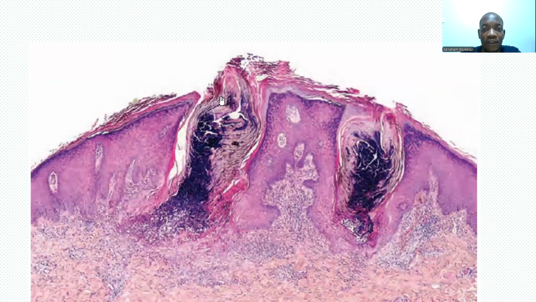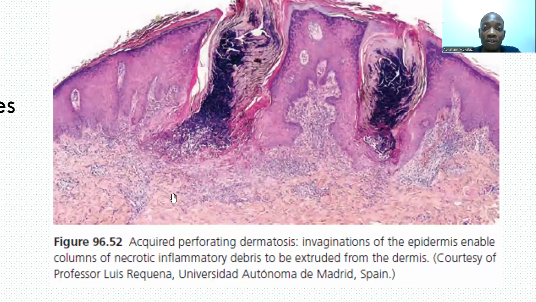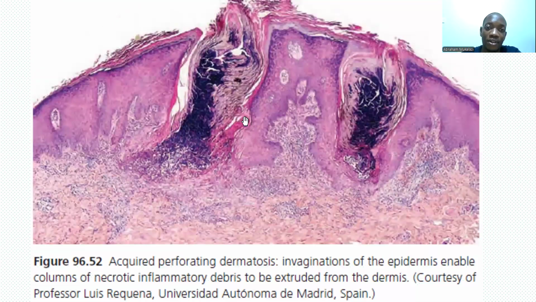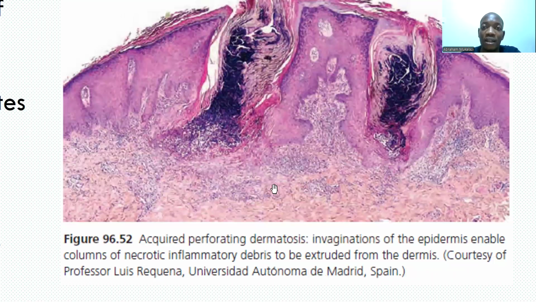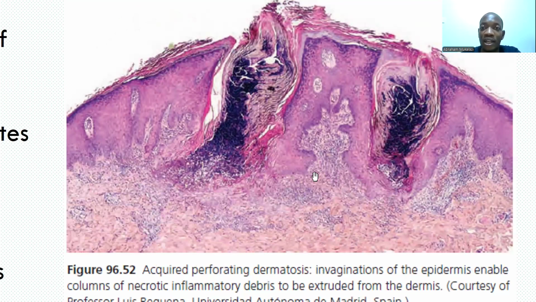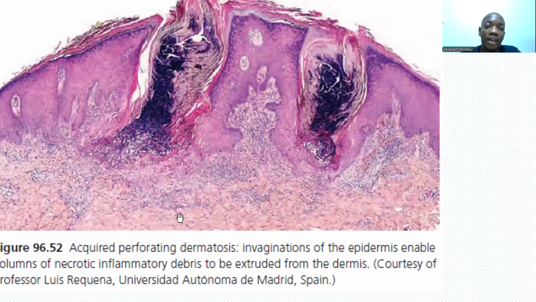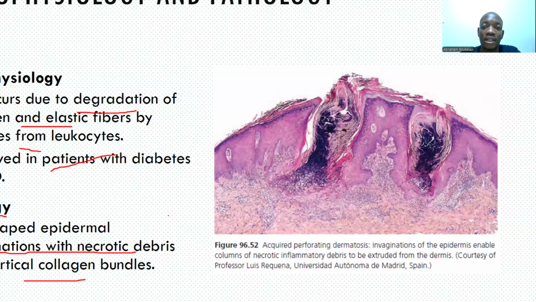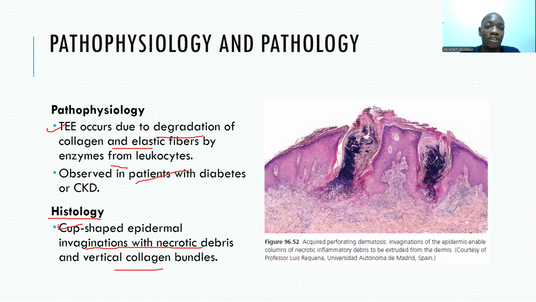You know that our collagen is usually horizontally aligned when you look at the dermis. You'll have this plus a little bit of inflammatory cells infiltrating these particular areas, but these are usually interrupted by normal areas like here. So they only occur in a particular section. That's how it will look on histology.